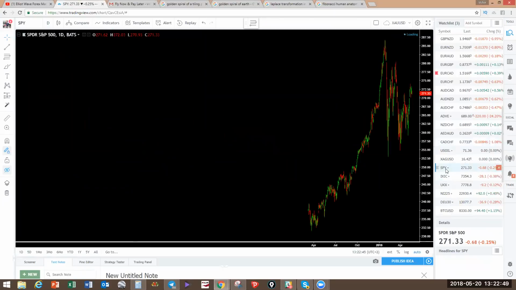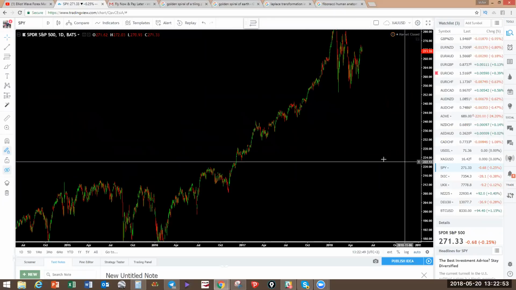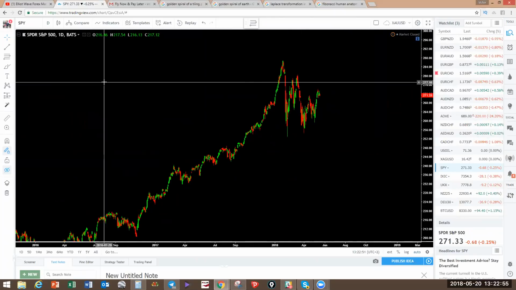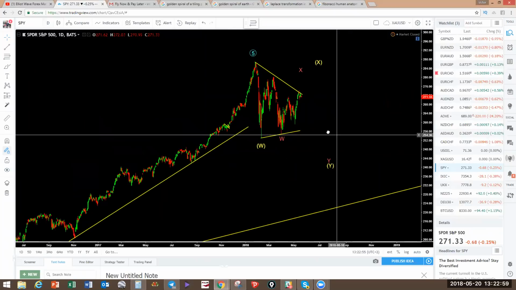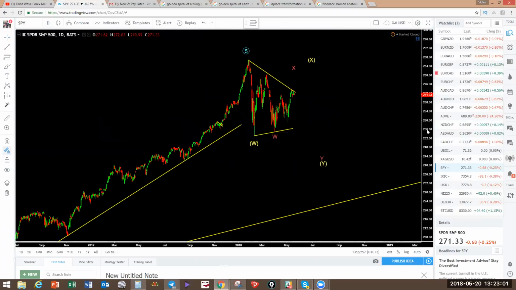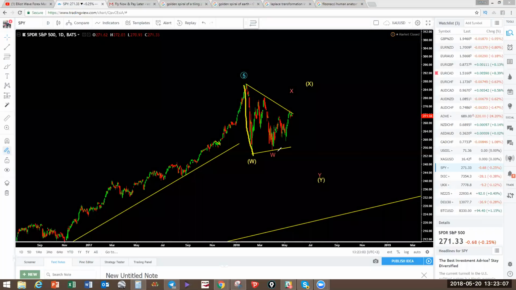S&P 500. The lines that I had last week still have not changed. Nothing has changed. If you look at my forecast from last week, I'm still expecting, we had this move to the downside, and I'm expecting this move here.